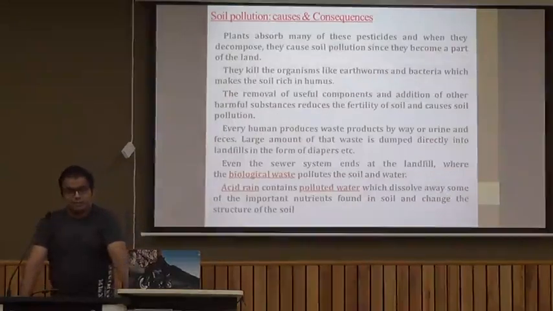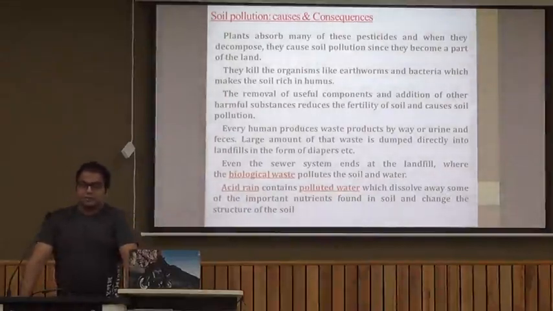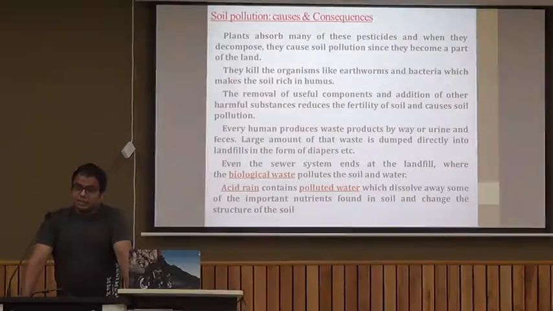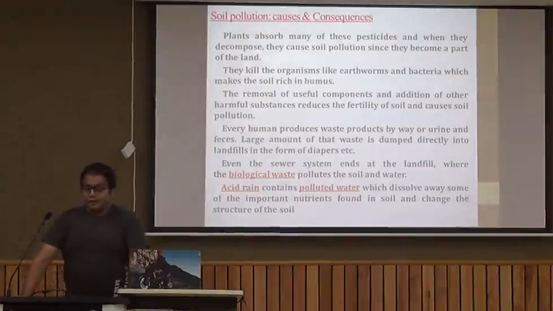Now, plants absorb many of these insecticides and pesticides, and when they decompose, they become a part of the land. It kills earthworms and bacteria which make the soil rich in humus, which decreases the quality of soil, and finally leads to loss in agriculture.